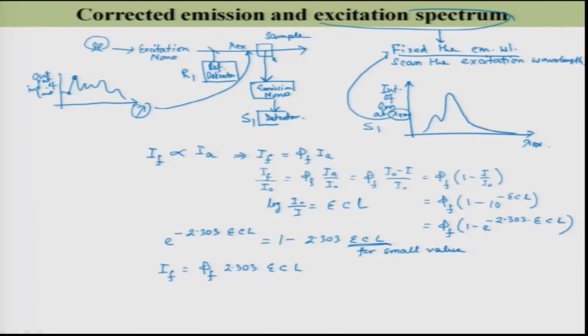Where is my I0? Over here, I have IF by I0. So, once I write IF, then I must have this I0 over here. So, I got this final equation.